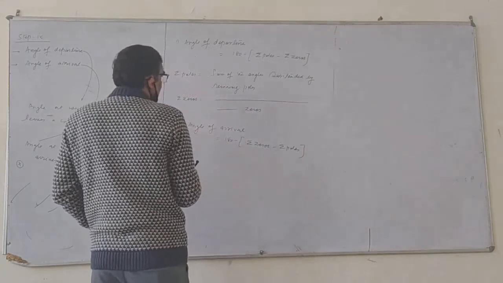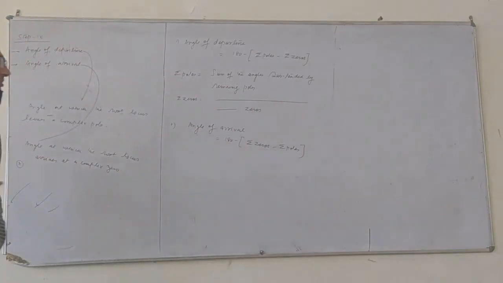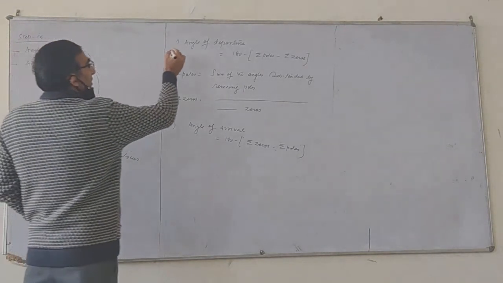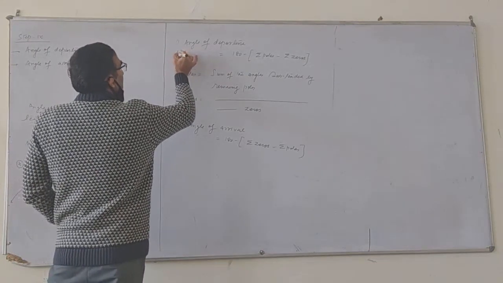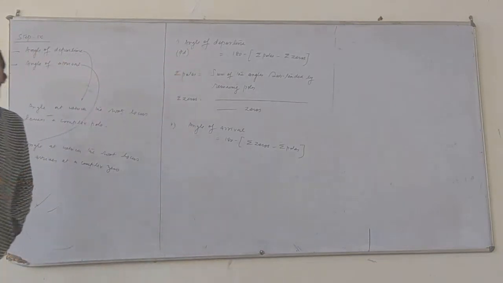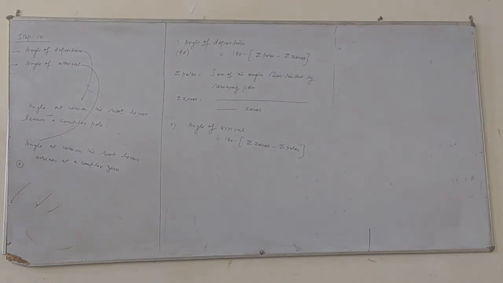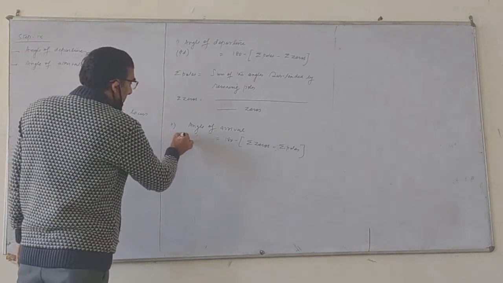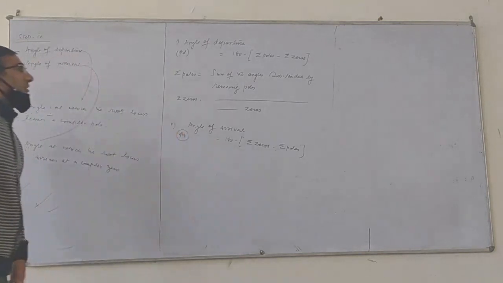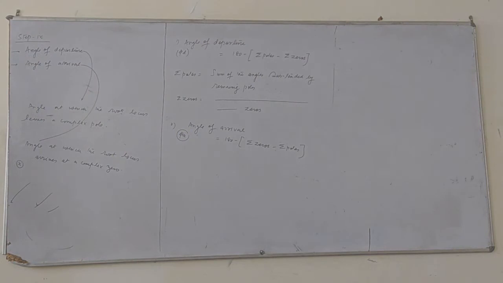And the meaning is the same thing: sum of the angles subtended by the remaining zeros. We denote the departure by phi d, and arrival we can denote by phi a or something like that. Fine. So angle of arrival is there.